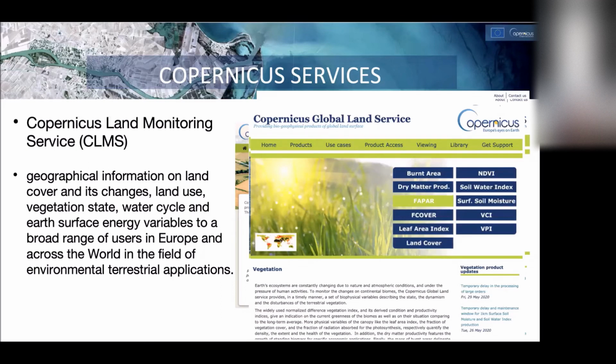Obviously these are all Earth observation based, but the products are already produced. So you don't necessarily have to go through all the pre-processing to get to this. You can start from here and better understand what your needs are, and then develop your procedures from there.